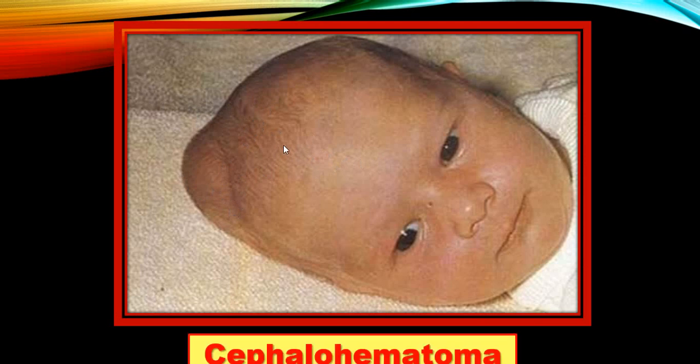So this is a cephalohematoma. And cephalohematoma, by its definition, as you know, is a subperiosteal blood collection caused by rupture of the vessels beneath the periosteum within the scalp, and it can happen in normal vaginal deliveries or in a cesarean section.